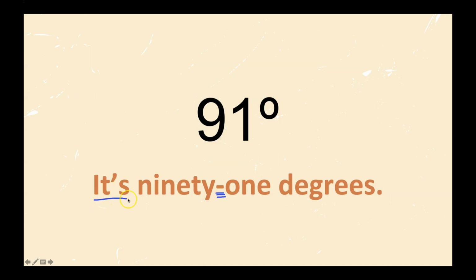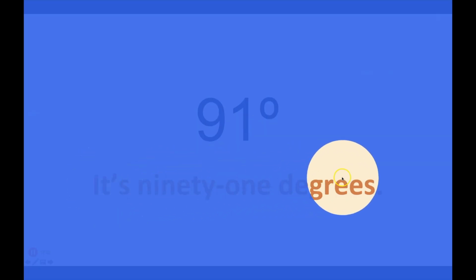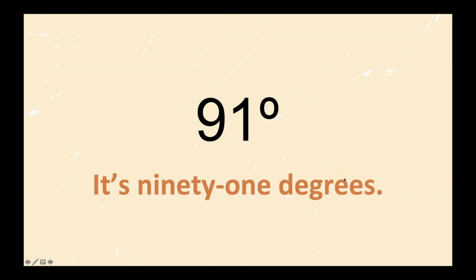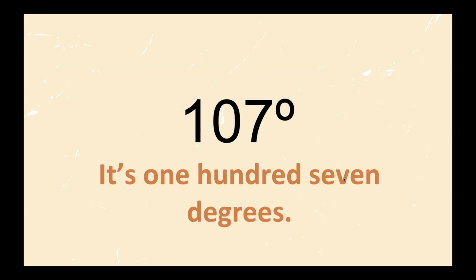And we know that it's is it is. So it is 91 degrees. Okay. What's the temperature? Correct. It's 107 degrees. That is hot. Very hot. It's 107 degrees Fahrenheit, Celsius, and we may not be alive.